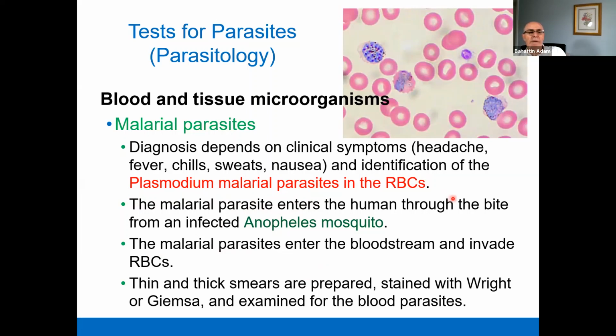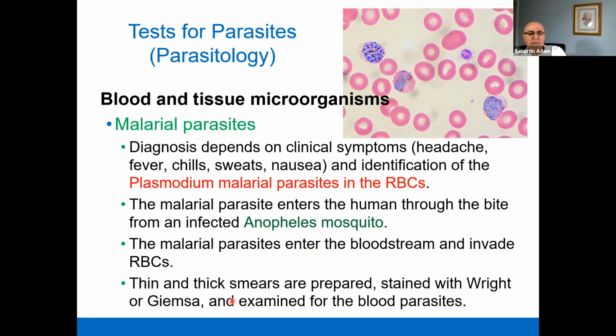The malarial parasites enter the human through the bite from the infected Anopheles mosquito, and then enter the bloodstream and invade red blood cells, and then will damage these red blood cells later.